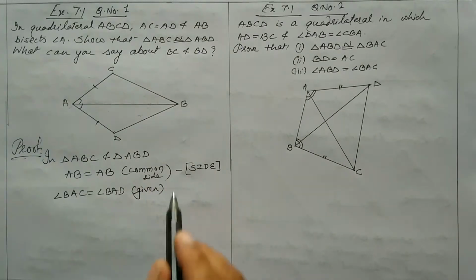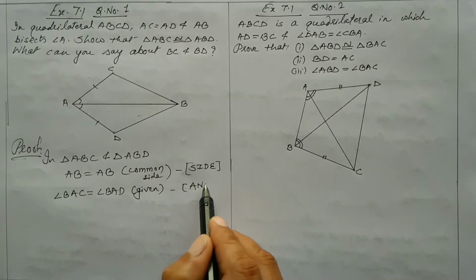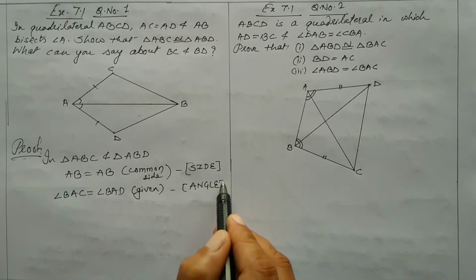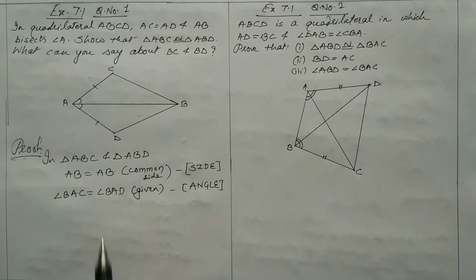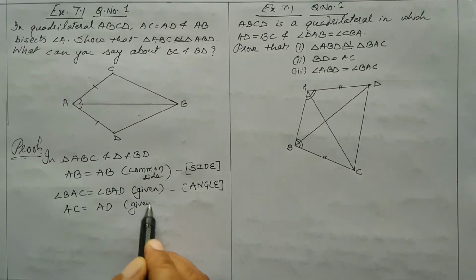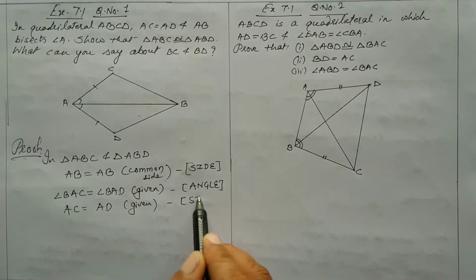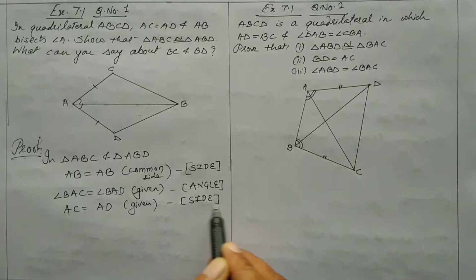AB is bisecting angle A. So this is one pair of corresponding angles. And AC is equal to AD. This is also given to us. AC is equal to AD. This is given, so this is a corresponding pair of sides.